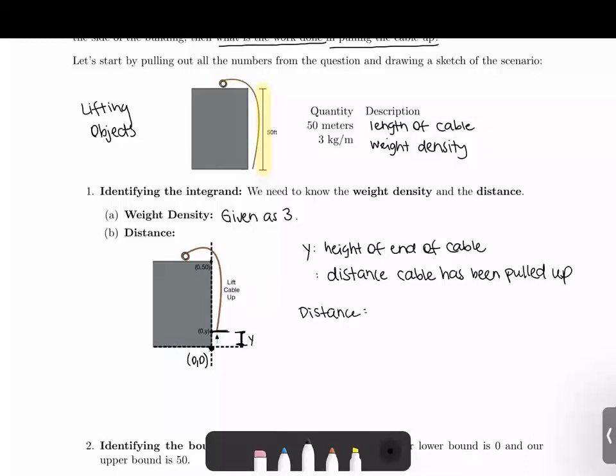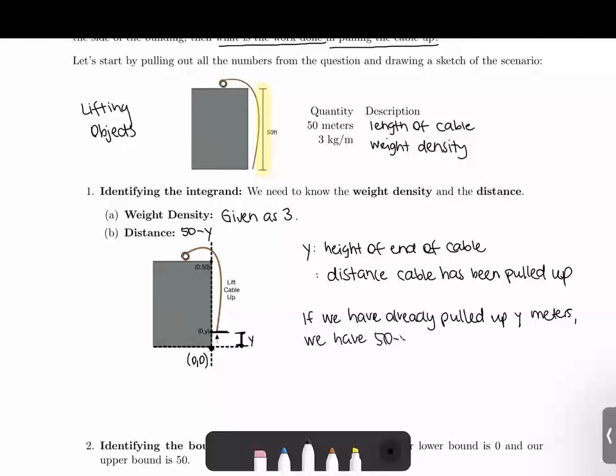Our distance here is going to be 50 minus y, because if we have already pulled up y meters, then we have 50 minus y meters left to pull.